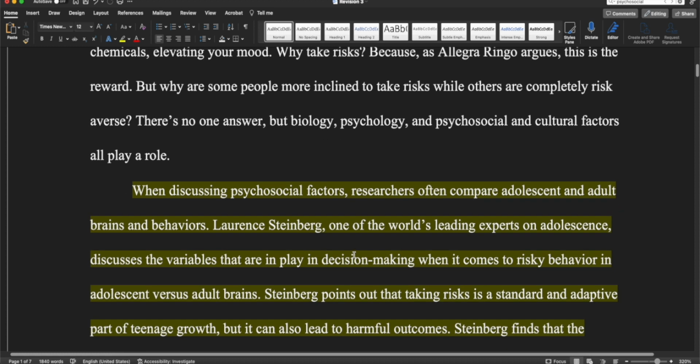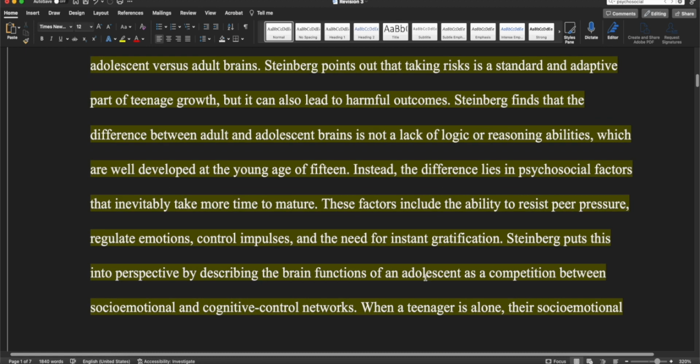And my understanding of the research as I have reviewed it in this paper is that fundamentally it is about biology, and that psychology is a way of labeling what happens biologically, and that the psychosocial factors and the cultural factors can determine what someone assesses as a risk, but that the locus of control is biological.